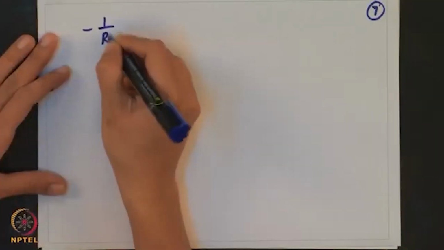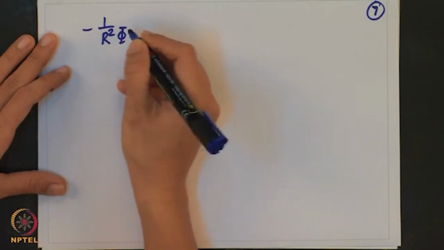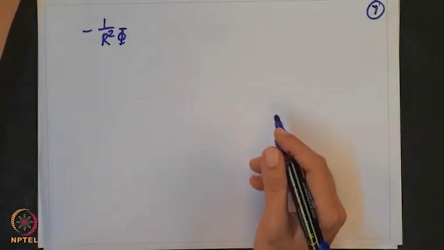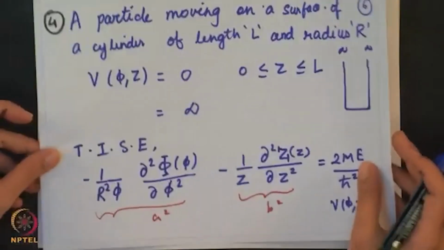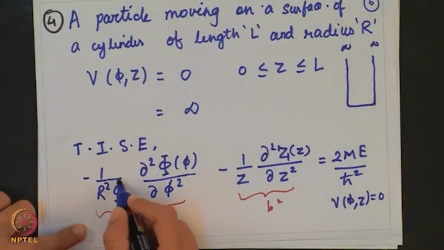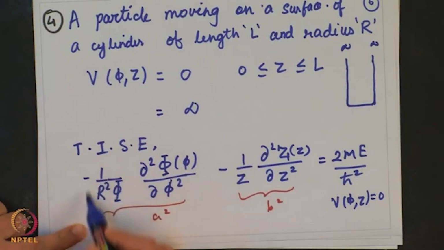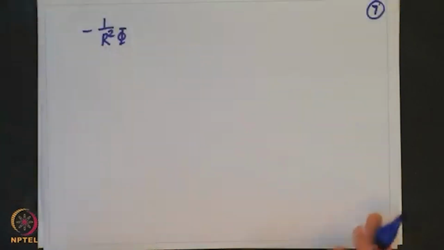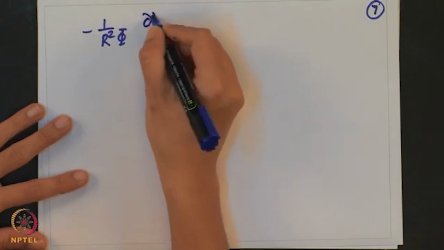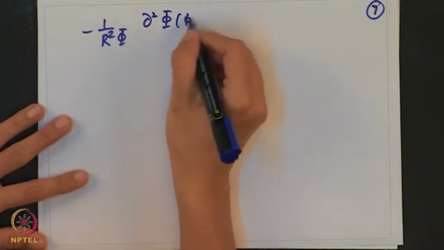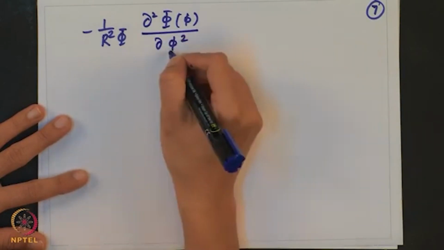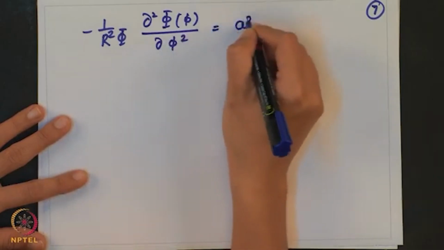Let me come back here, I am just rewriting this part quickly: del square capital phi of phi upon capital phi, this is equal to A square.